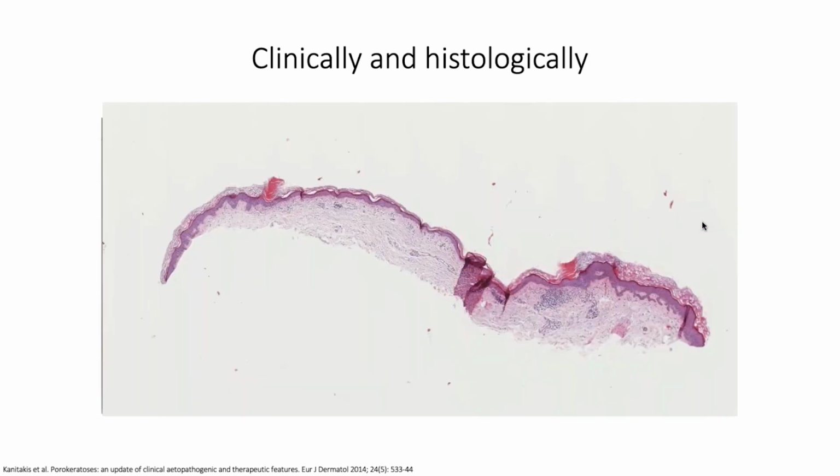Here you can see a histological figure of a porokeratosis, and what is typical, marked with blue arrows, is the cornoid lamella. With the green and yellow labels, you can see the hypertrophic epidermis on the outside of the cornoid lamella and hypertrophic epidermis in the middle of the lamella.